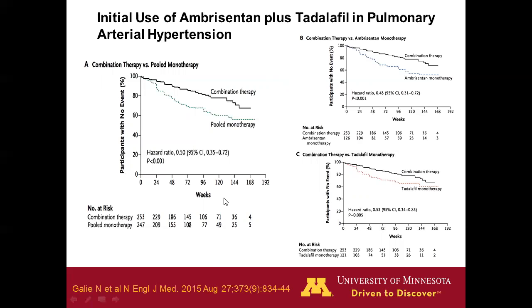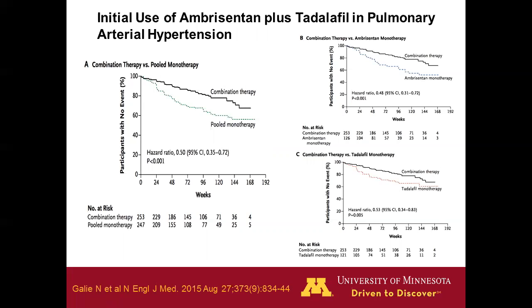And this is not a 6-minute walk distance trial, it's a long-term, event-driven trial. There were 3 arms: one arm got just an endothelin receptor antagonist, the other just a PDE5 inhibitor, and the third arm got the combination. Compared to pooled monotherapies, combining these 2 drugs is more efficacious.